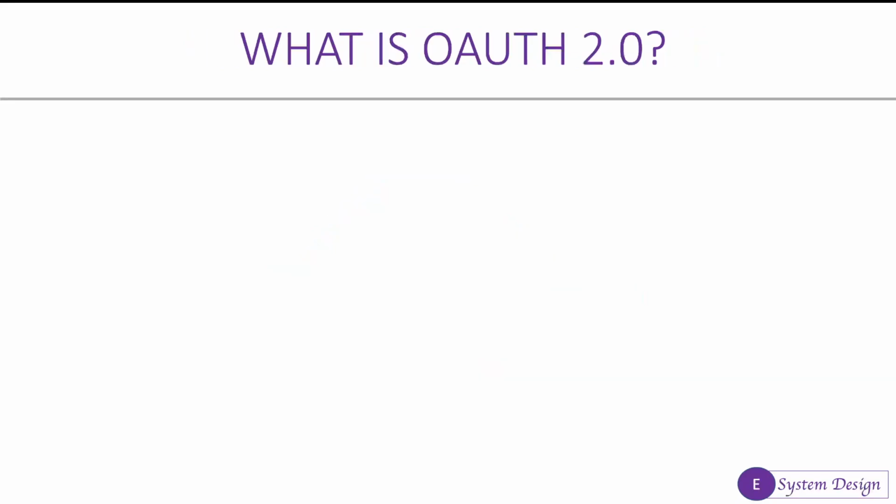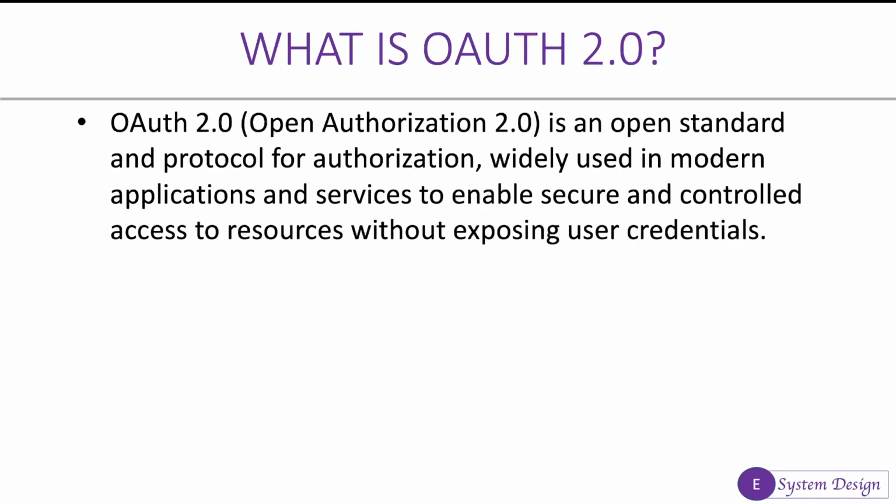Now let's try to understand what OAuth 2.0 is. As we have understood from the history, this is the evolved version of OAuth, and it is the most widely used protocol for securing our applications in the industry today. OAuth 2.0, Open Authorization 2.0, is an open standard and protocol for authorization. It is not meant for authentication.